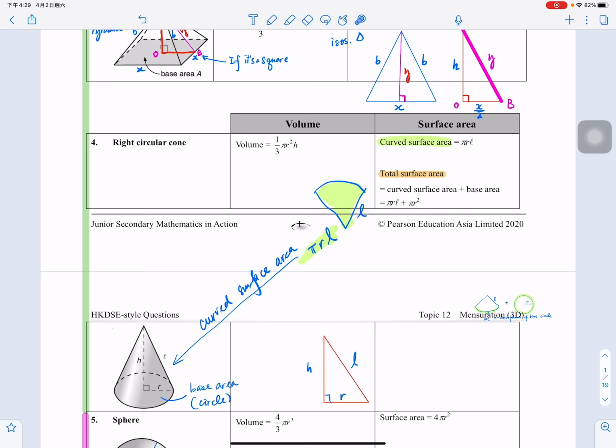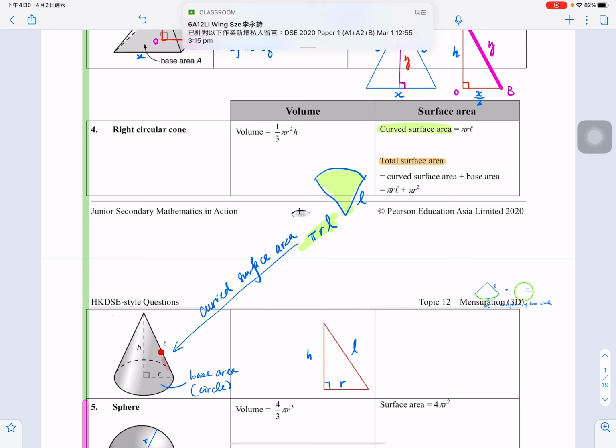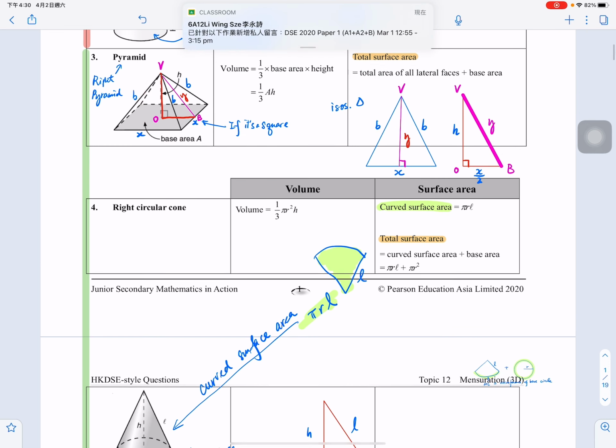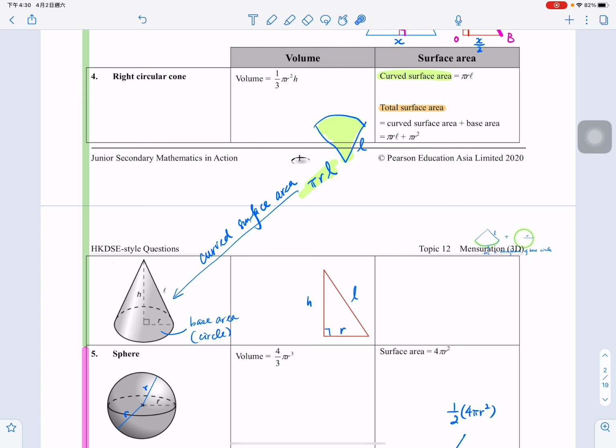Then you ask, how can we find L? We use the right-angled triangle in this cone, with H, R, and L. If you know the height of the circular cone and the radius of the base circle, then you use the Pythagorean theorem and you'll find the length L. Then what is the total surface area?